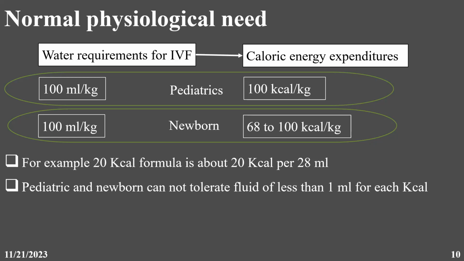So you can see that in pediatrics, you can take 100 ml, and for that, you can consume 100 kilocalories. However, in 100 ml in newborn babies, you need less than that. So we take from 68 kilocalories per kg to 100. And that translates to 20 kilocalorie formula.